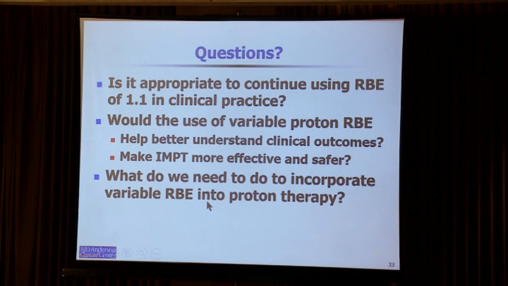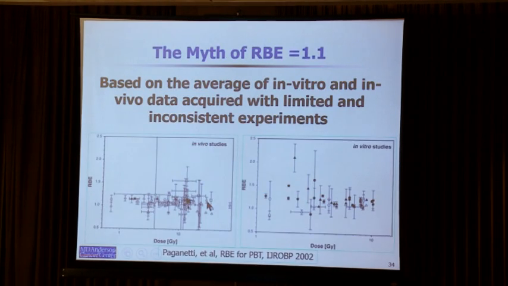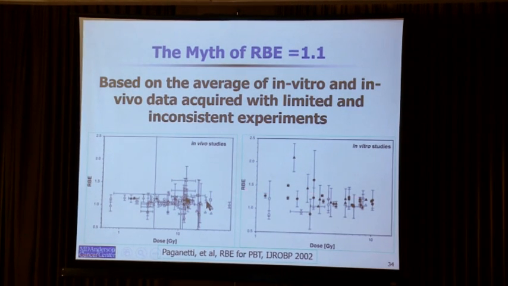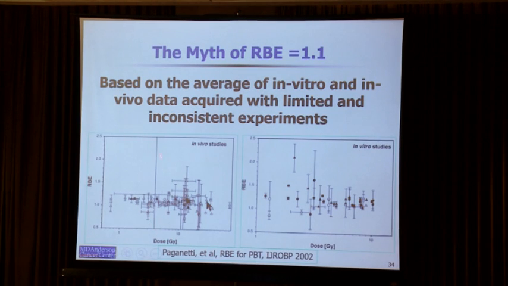Currently, all we do is make a treatment plan, multiply dose everywhere by 10%, and we think that is a proton dose distribution. This is from a paper by Dr. Paganetti, and he assembled data from the literature, and what you see is there are large error bars.